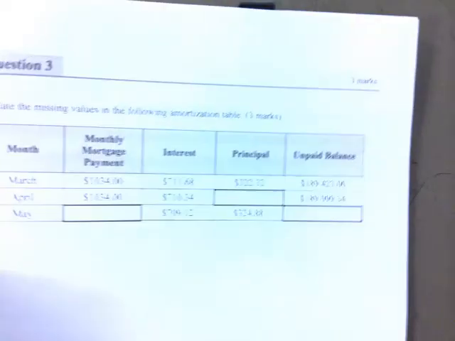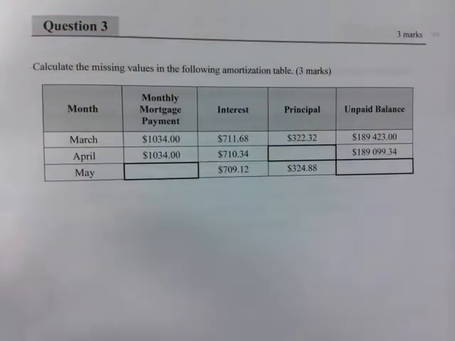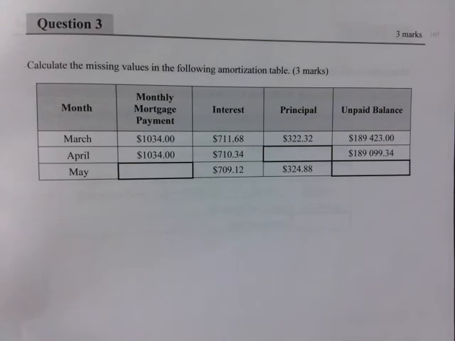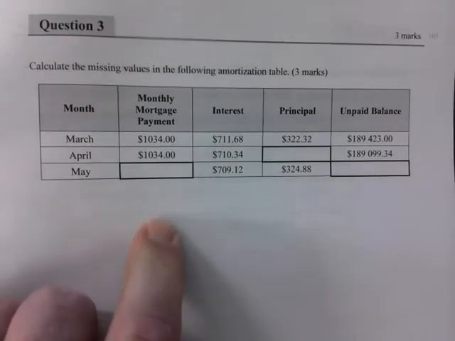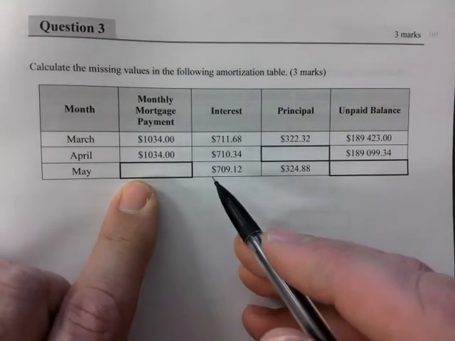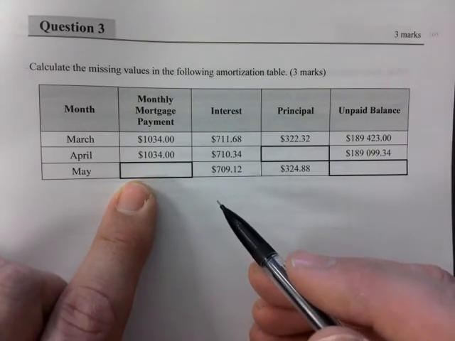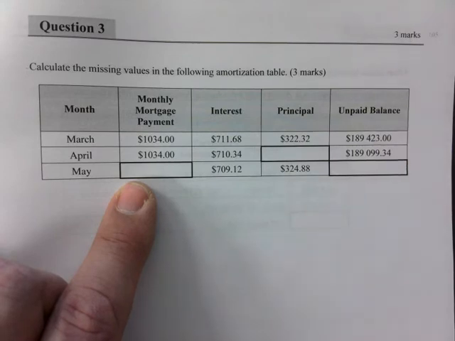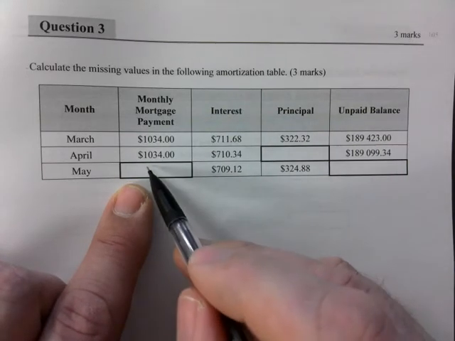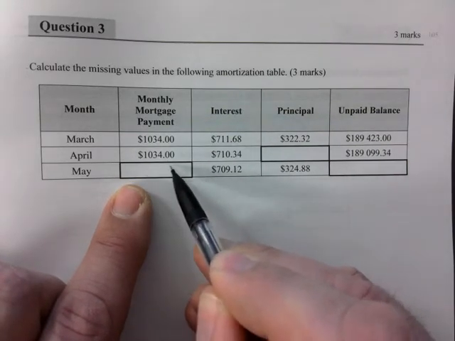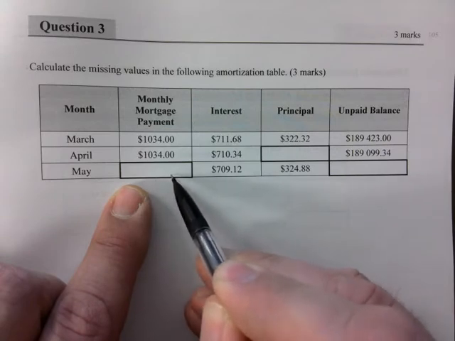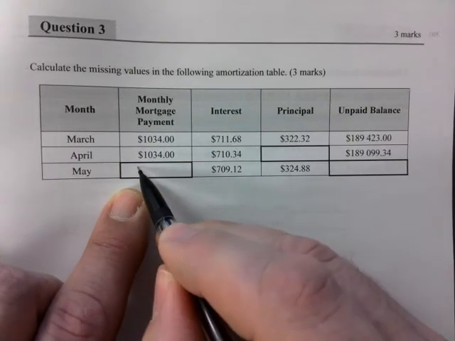All right, question 3. Amortization tables. Those are your favorites, right? All-time favorites. And this one is actually not too bad. 3 marks. For each box, you get 1 mark. What would the payment be here? Does it change? Never changes.